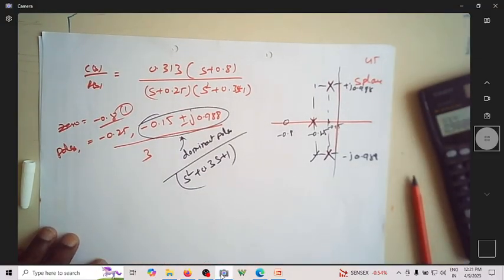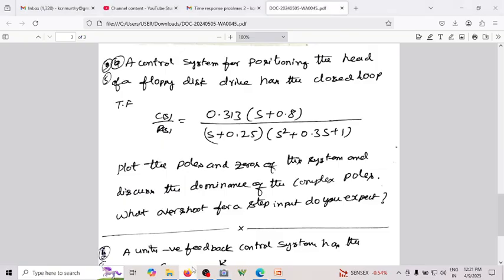What does it ask next? It asks, what overshoot of a step input do you expect? Now, even though the system has three poles, the response of the system is dominated by these two poles.